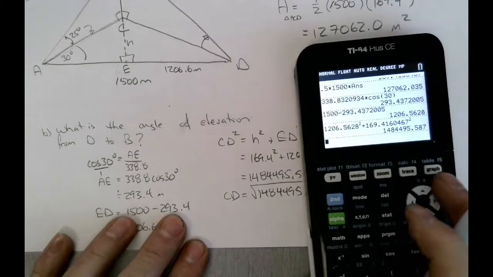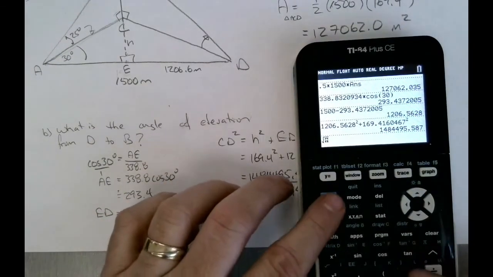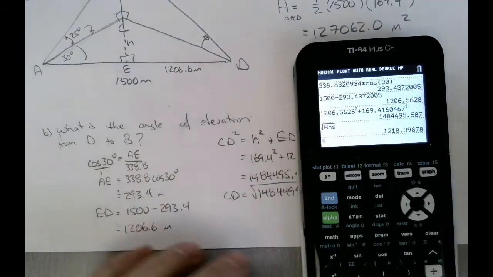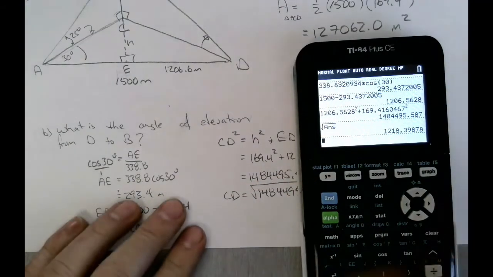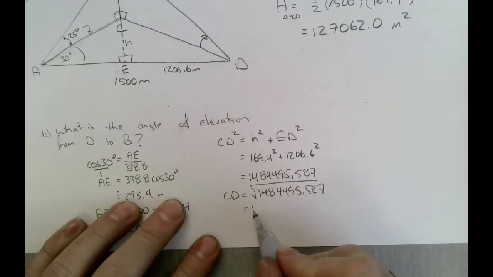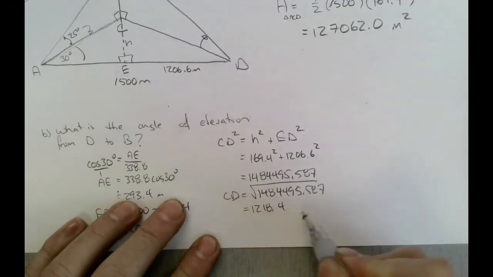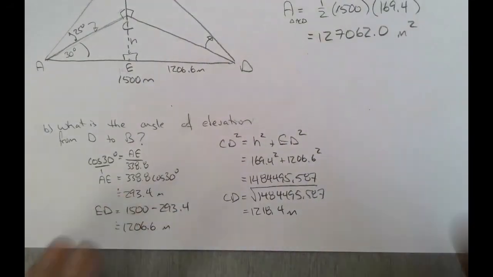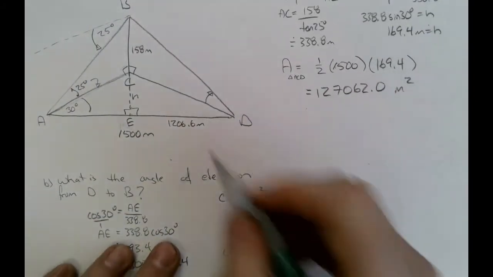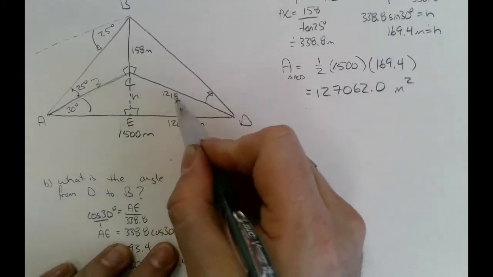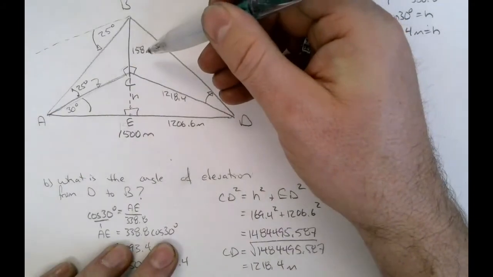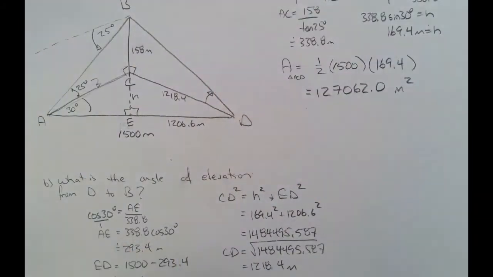So go back to my calculator. Square root of that answer, 1218.39, okay? So 1218.4 meters. And now I'm basically at the end because now I know that this is 1218.4. I know that the side opposite the angle I'm looking for is 158.